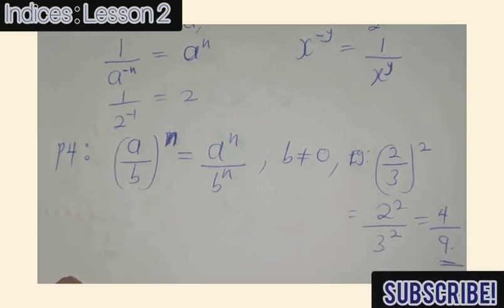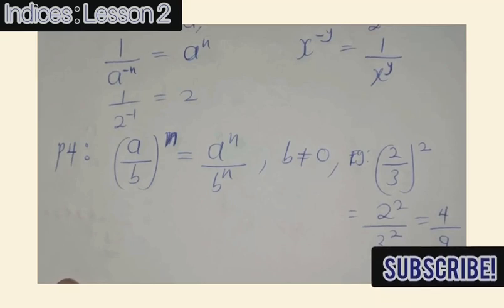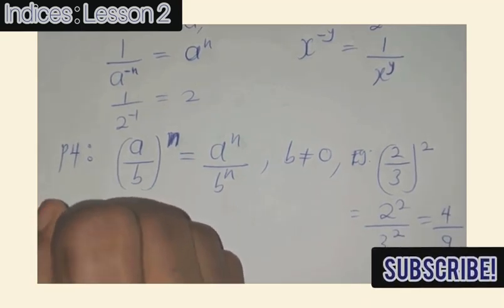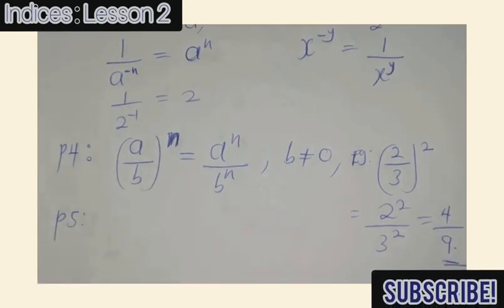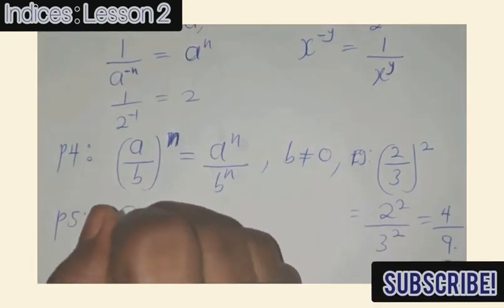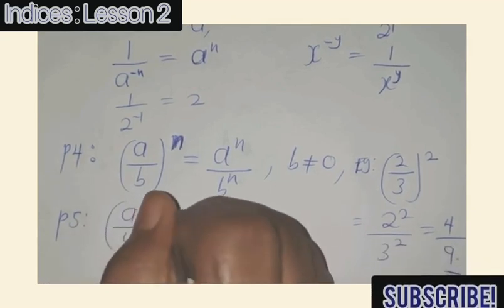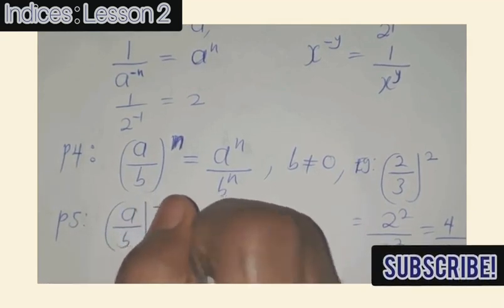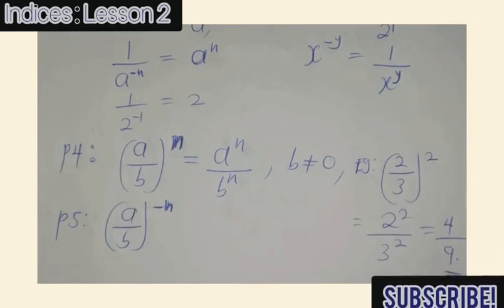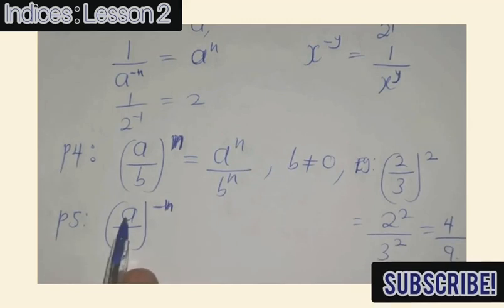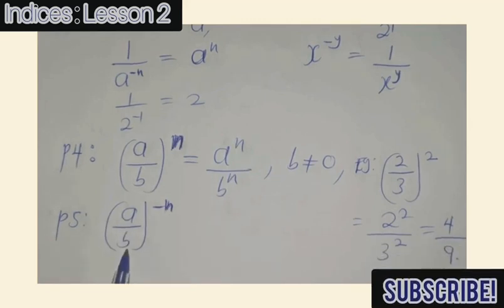Then with property 5, property 5 is just the opposite of this. If I have a over b and all is having an exponent of negative n, all that you need to do is the same approach here. The negative n will take the a, and the negative n will take the b.